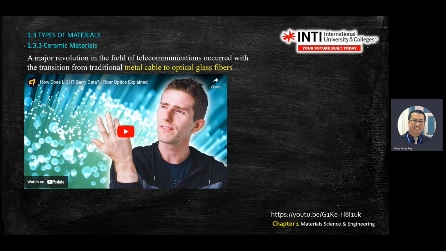This is a video from YouTube about fiber optic. I think this one you can watch online. Basically, all of you know what fiber optic is, right? The video, I let you go home and watch it. One example of ceramic material is fiber optic.